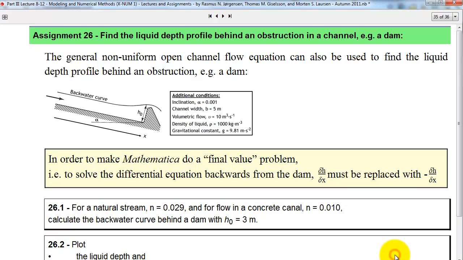And then the last one is not that difficult because you have the whole machine up and running from the previous assignment. But what is interesting is if water is passing over here and you have that height, then you can calculate backwards and say what was the height up here upstream? What is the development in it?